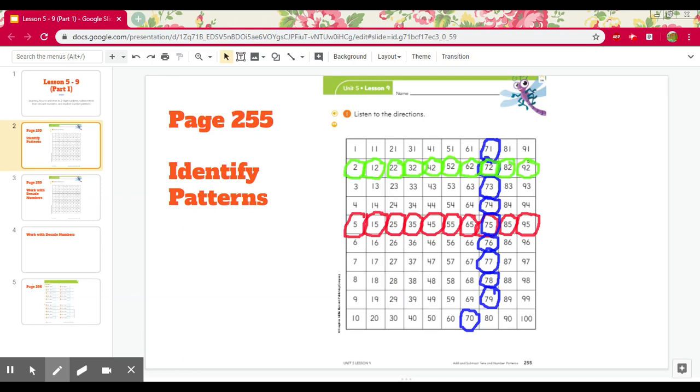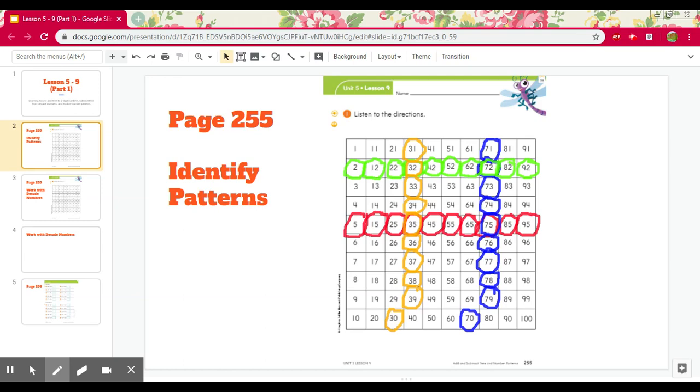Last, let's circle every number with 3 tens in orange. 30 has 3 tens. So does 31, 32, 33, 34, 35, 36, 37, 38, 39. All of the numbers circled in orange have 3 tens.